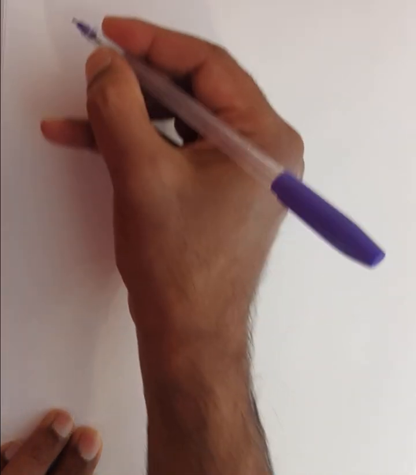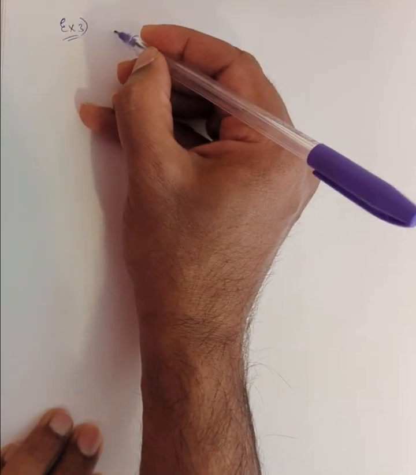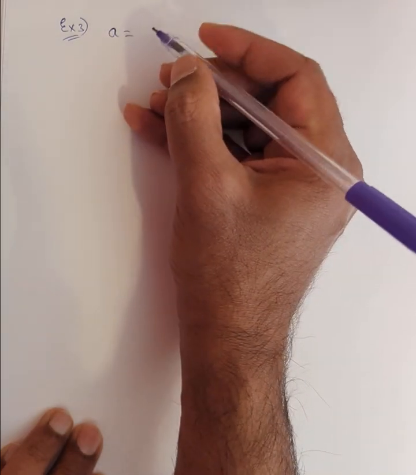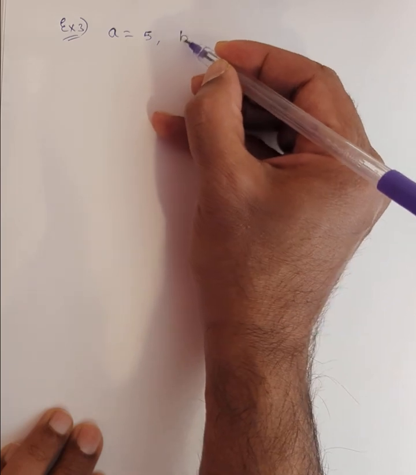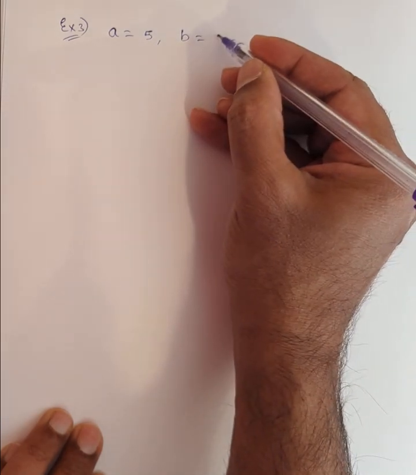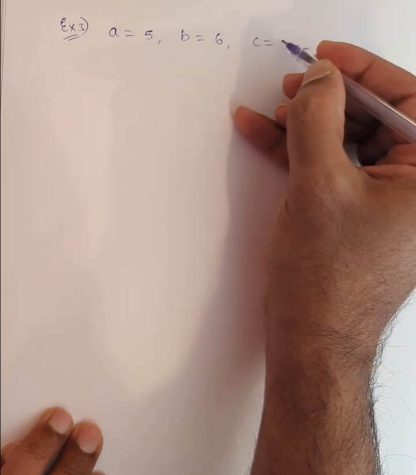And let's look at one other example. Say A equals 5, B equals 6, and let's take C equal to 10.